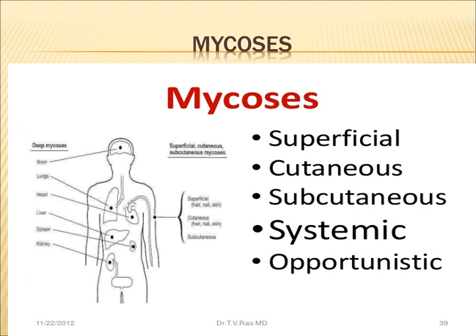Either cutaneous mycosis, for example infection caused by dermatophytes, or subcutaneous mycosis, such as infection caused by Sporothrix species, and systemic mycosis. This is the major clinical classification of mycosis: cutaneous, subcutaneous, and systemic.